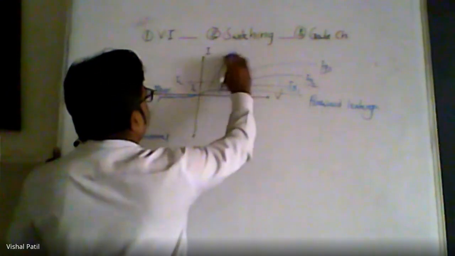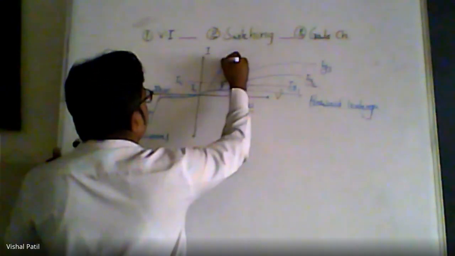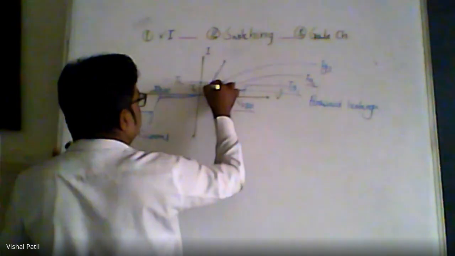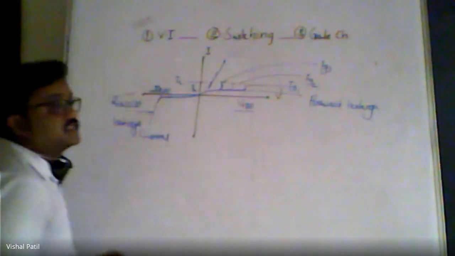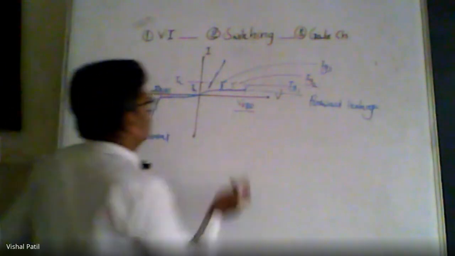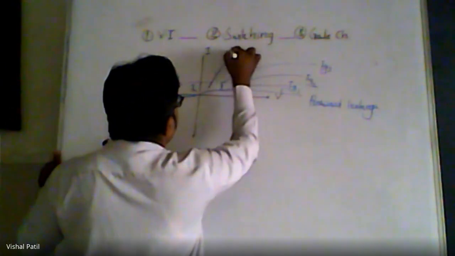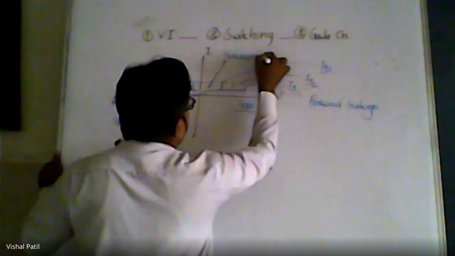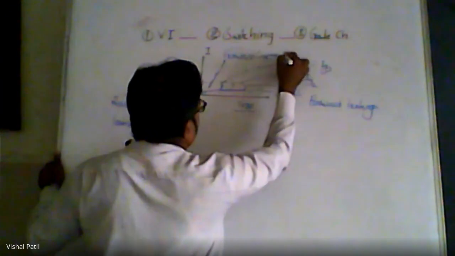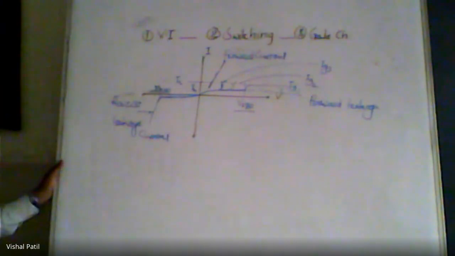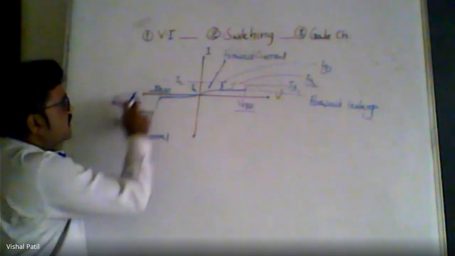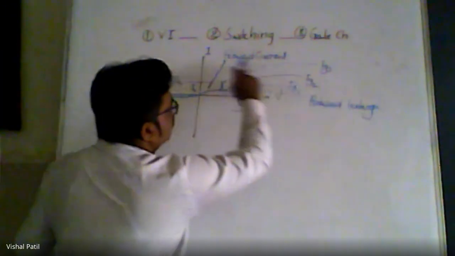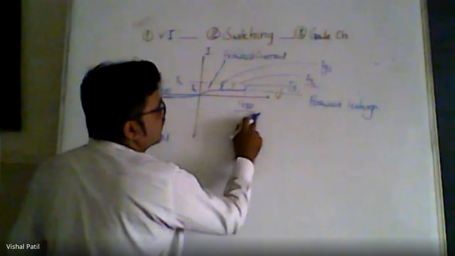You can look at this, the magnitude of this current is very high. This is the actual characteristic, when the thyristor is actually turned on, when it is in operation. So this is forward current. Okay, so initially we get reverse breakover voltage, reverse leakage current, forward leakage current, forward current, and forward breakover voltage.